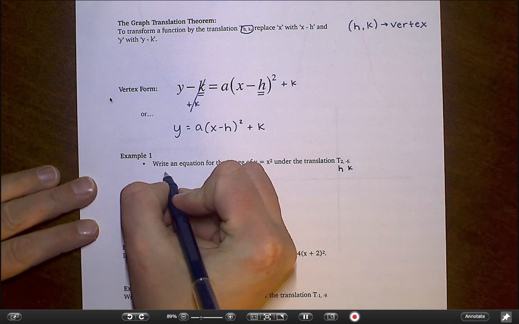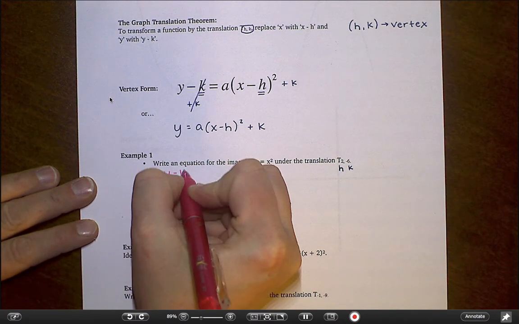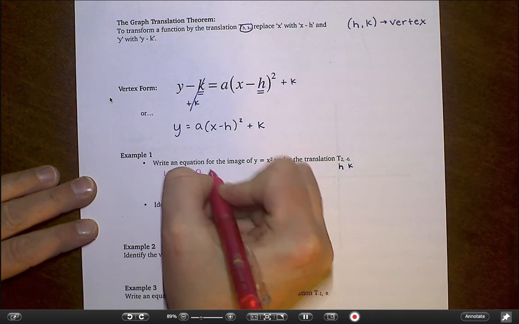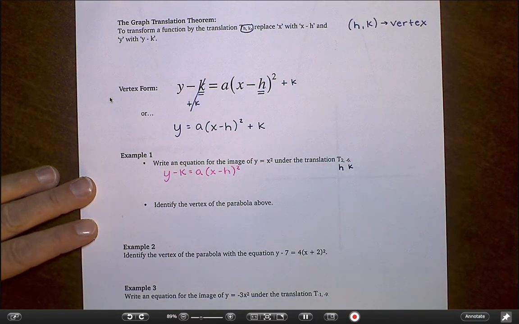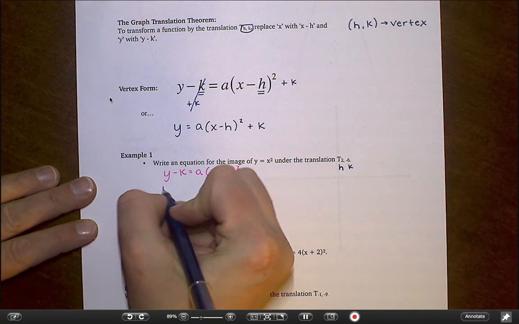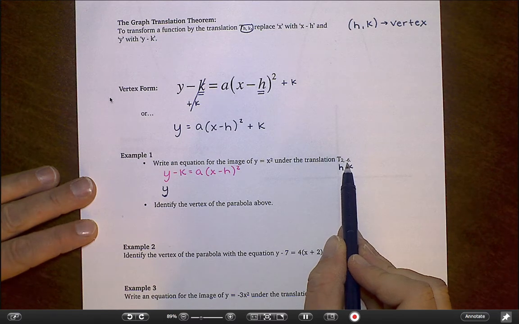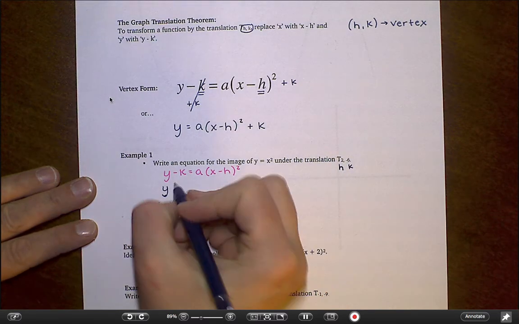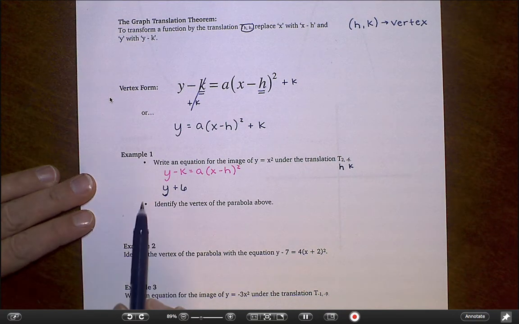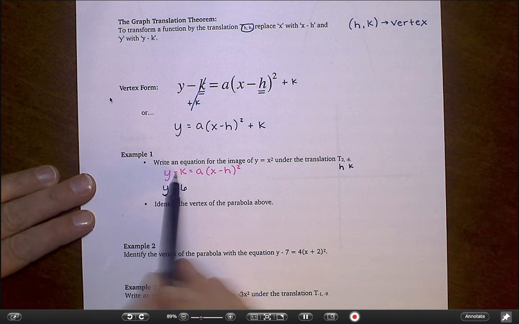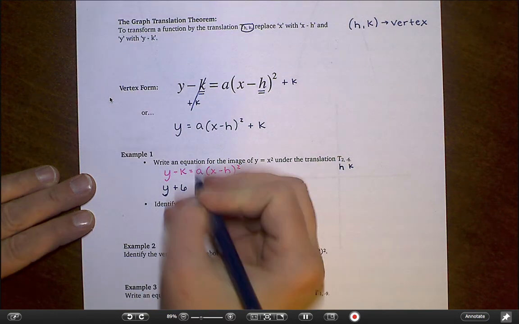And then all we are going to do is plug those values into our vertex form formula. So let me just jot down the formula here so we have it for reference. y minus k equals a times x minus h squared. So I'm going to write y. Now, if I'm going to do minus k, and k is already a negative 6, minus a negative is going to make me put in a plus. Think through that again. This is really like y minus negative 6, which turns this into a plus 6.